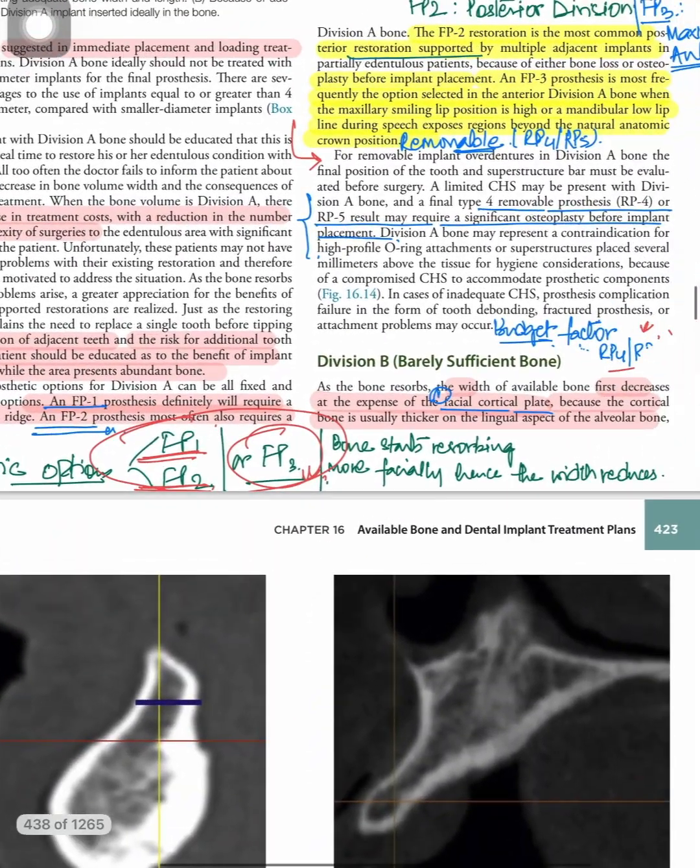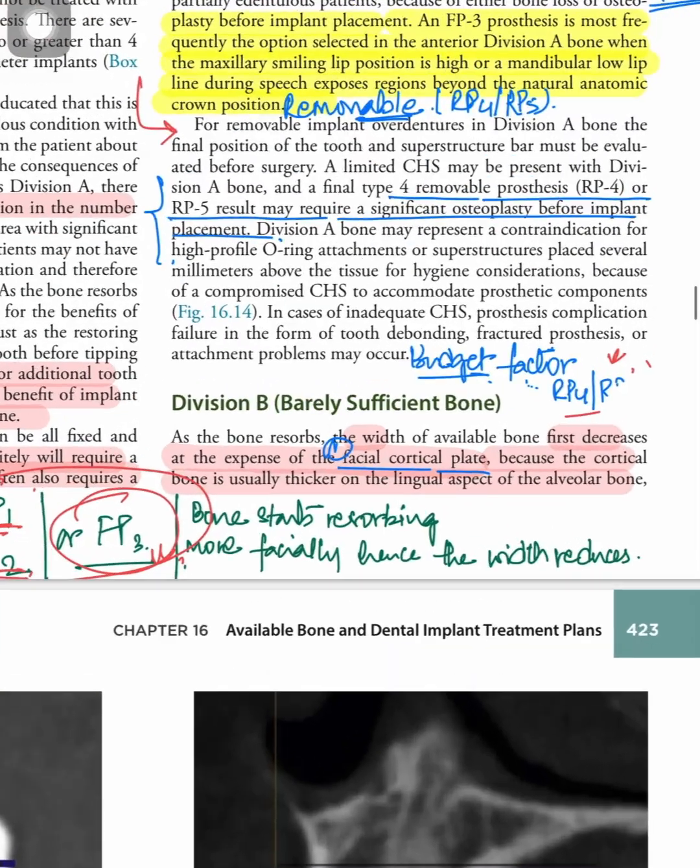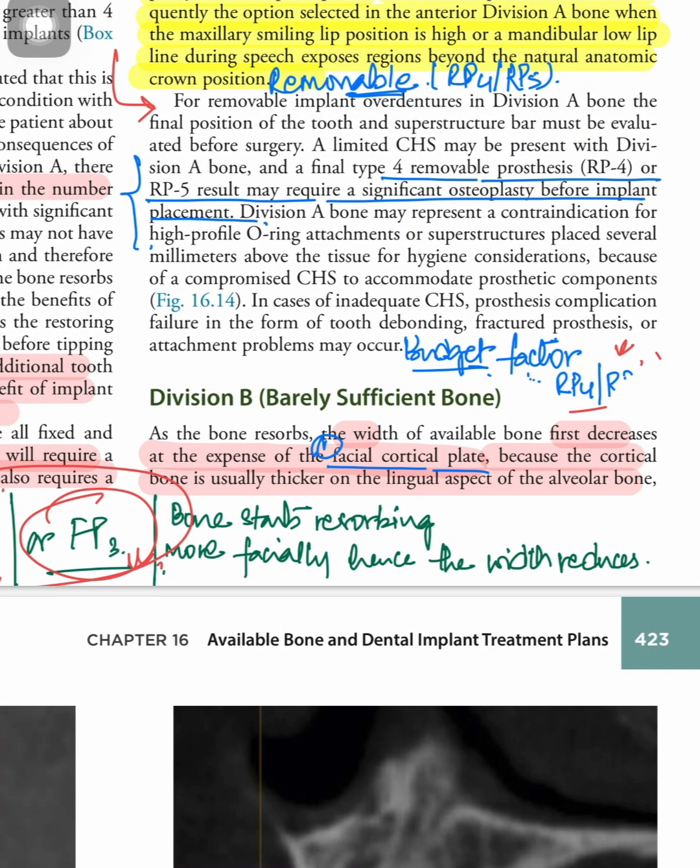All right, next we move to division B, barely sufficient bone. So, division B bone is basically a division A bone with compromised width.